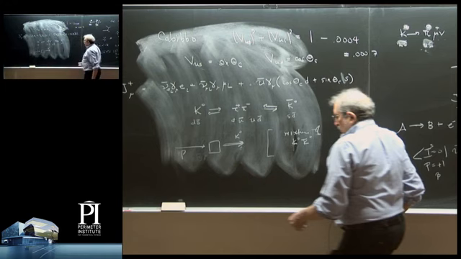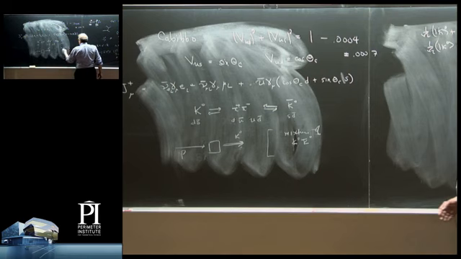Now, the K0 can decay, but it can also turn into a K0 bar. And so down the road here, what we have are some mixtures of K0 and K0 bar. Well, now let's just think about that a moment.